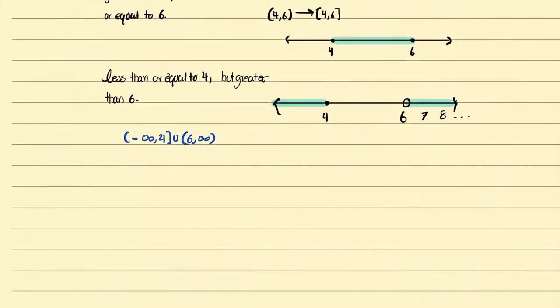So then let's try one more. Let's say I said all possible real numbers. What do you think that would look like in interval notation?